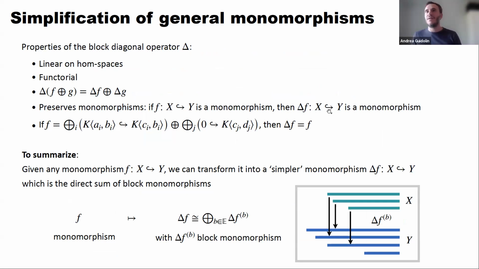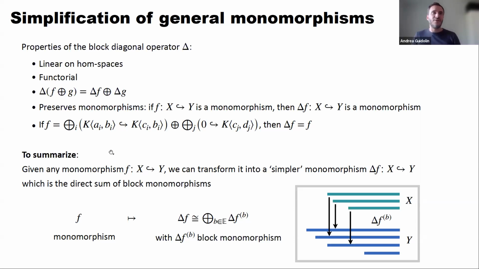But as I said, possibly a different one, a non-isomorphic one. However, if f is one of the special monomorphisms, which are direct sums of monomorphisms between individual bars, plus morphisms between 0 and 1 bar, then delta f is equal to f.